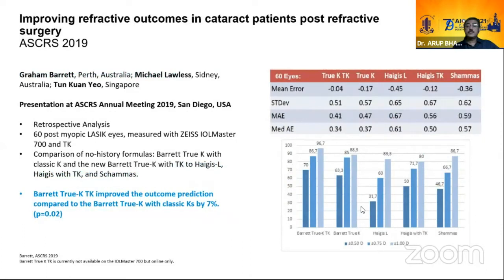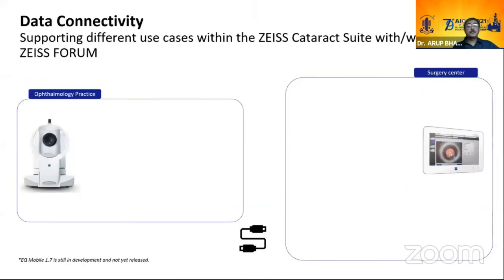Again, this is published in JCRS 2019. If you consider Barrett Universal 2 TK, within plus minus 1, it is almost 88% to 96%. It's a huge increase in the accuracy, including the TK formula in Universal 2.